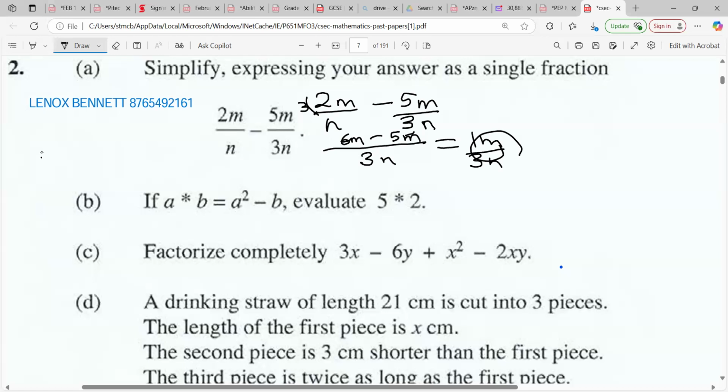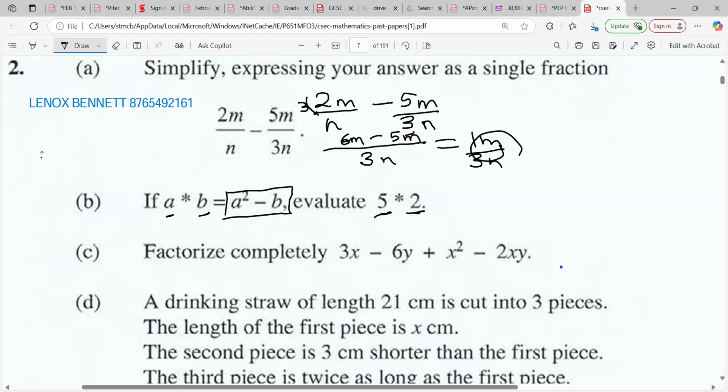All right, next one says, if A asterisk B is equal to A squared minus B, evaluate 5 asterisk 2. Now, what this is saying is that A is equal to this 5 here, and B is equal to this 2 here. So all we have to do is substitute into the rule. I don't know if that's what it's called, but I call it the rule.